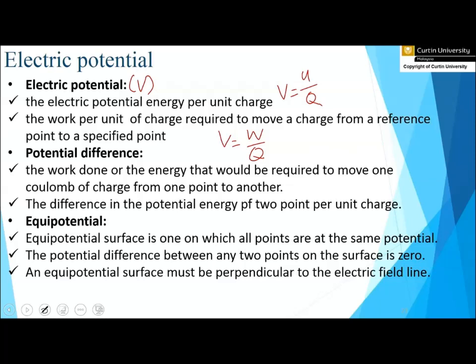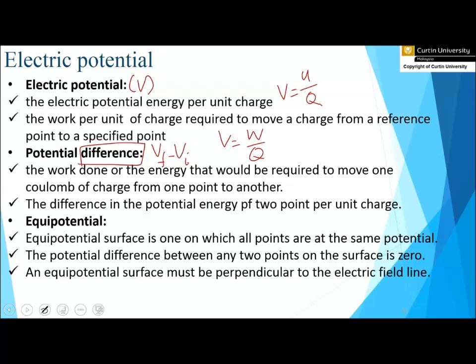Okay, so potential difference, when we look at the word difference, means there is an initial point and another one which is the final point. So it is the final potential minus the initial potential. Right? Potential difference is always used to find the work done.